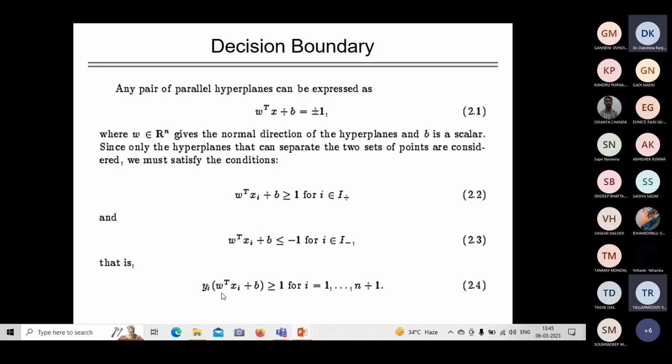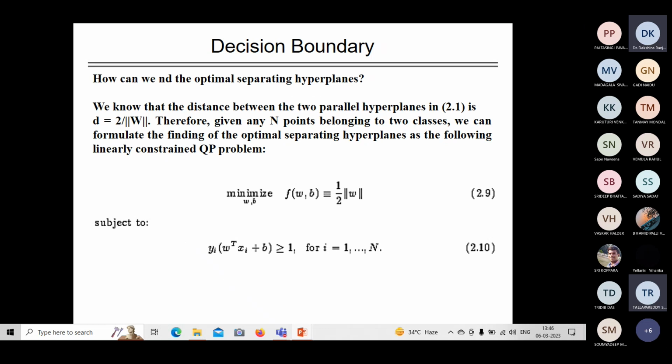And if the feature vector Xi is in the negative class, then W transpose Xi plus B is negative, and the corresponding class label yi is also negative. So if we multiply both negatives, we get a positive. That is why we write yi into W transpose Xi plus B greater than or equal to 1 for i equals 1 to n.